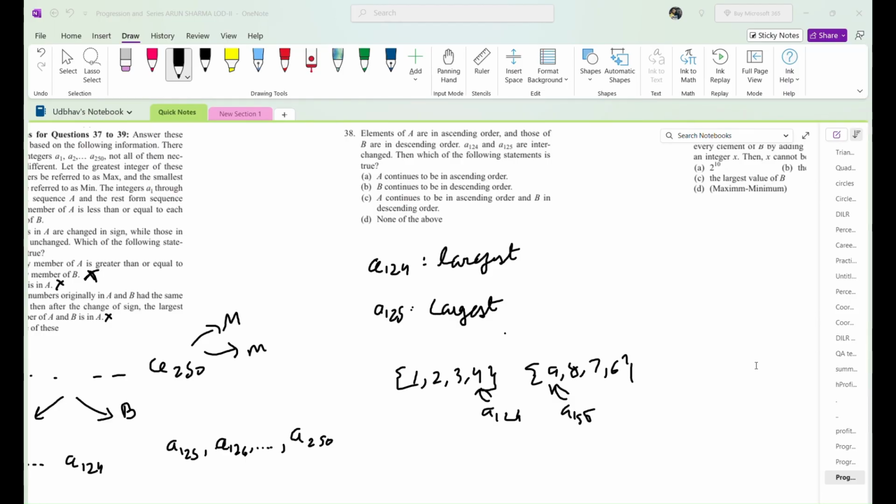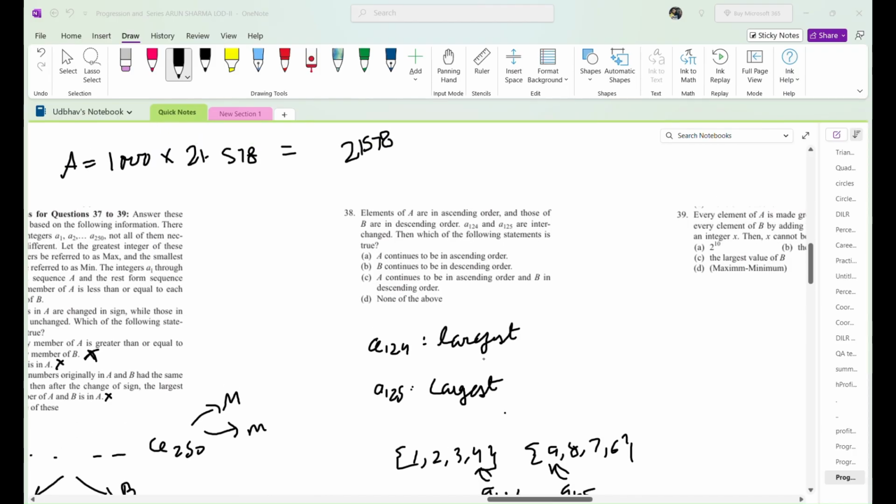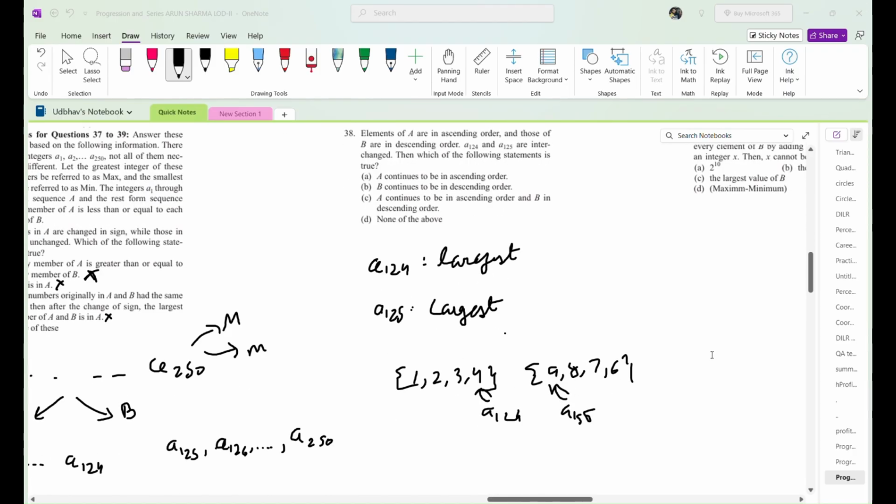We are interchanging A124 with A125. Does A continue to be in ascending order?